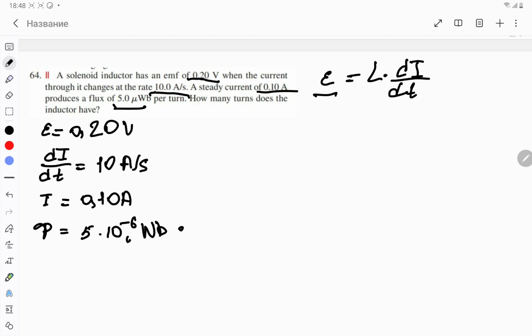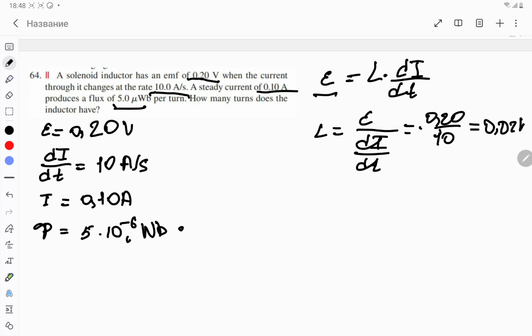So we can rearrange the formula to solve for L, like L is equal to EMF over delta I over delta T. So L is equal to 0.20 over 10. Let me calculate. The answer is about 0.02 henries.